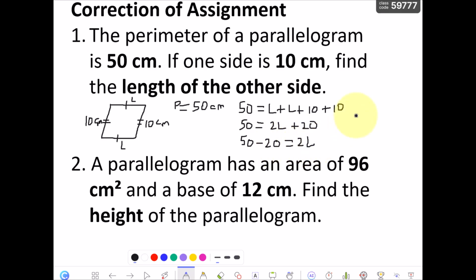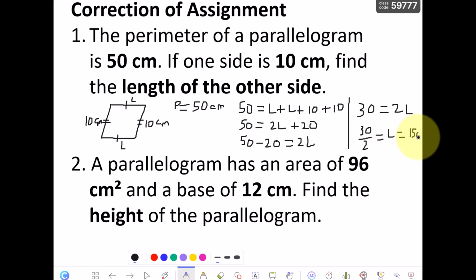So 50 minus 20 will give us 30, which is equal to 2L. And the next thing is to divide both sides by 2, not 30. If you divide both sides by 2, that will give us our answer for L. And 30 divided by 2 will give us 15.